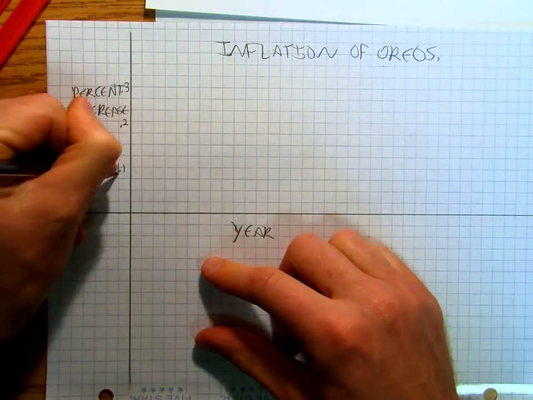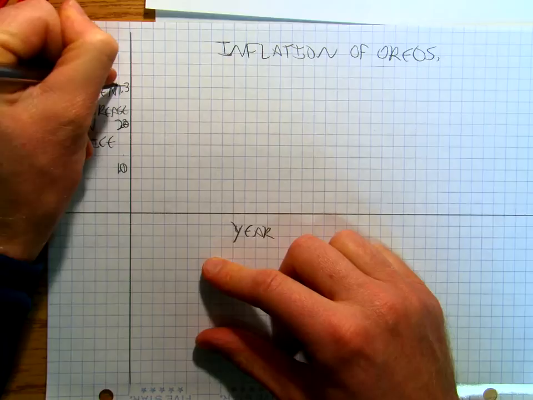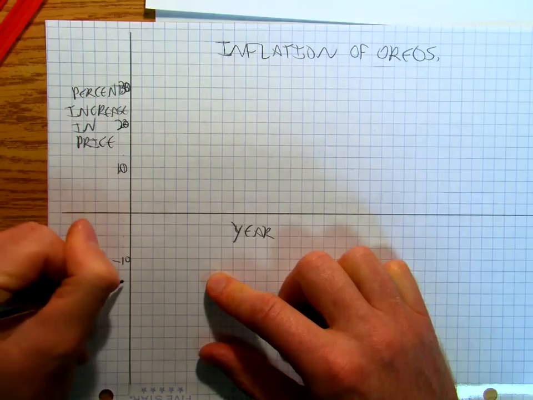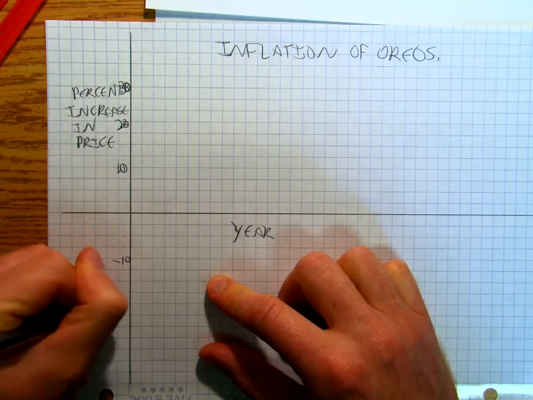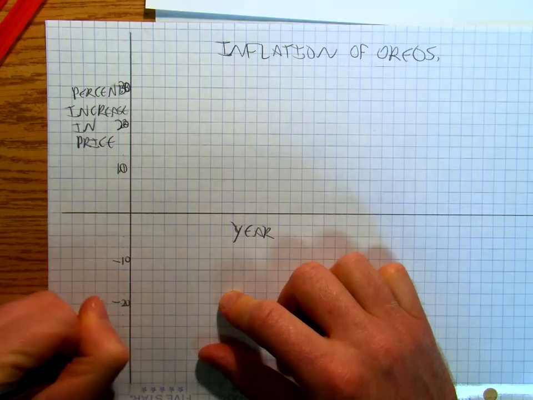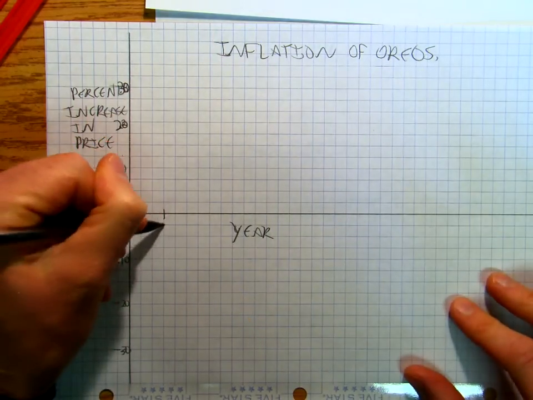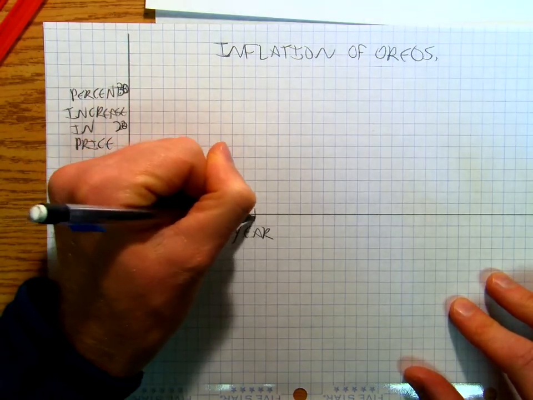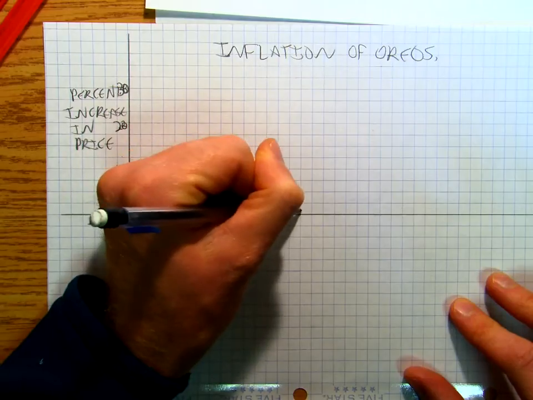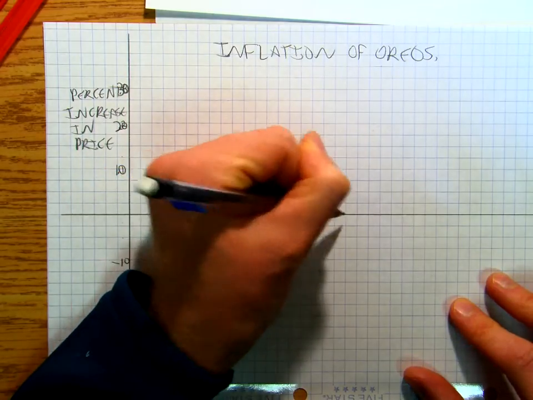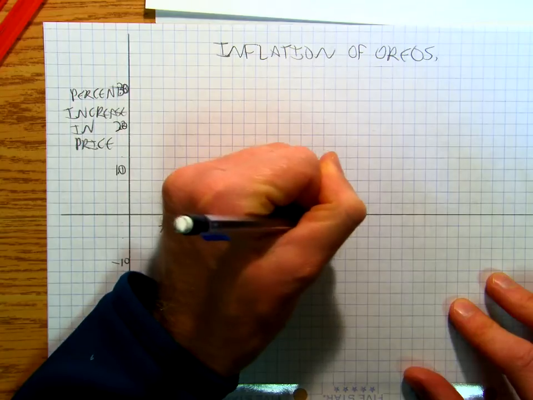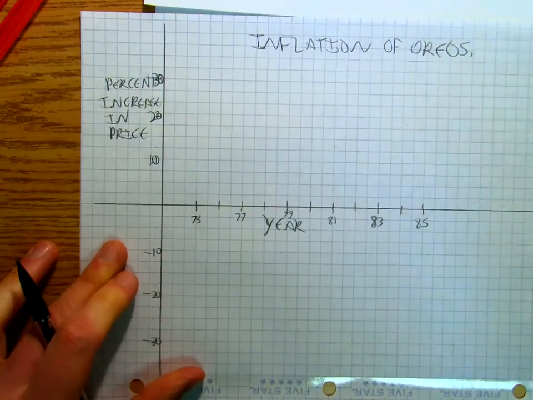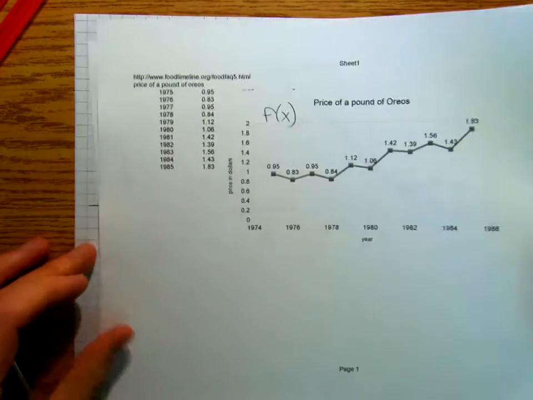Well, that should be 10%, 20%, 30%, negative 10%, negative 20%, negative 30%. And then we've got 75, 76, 77, 78, 79, 80, 81, 82, 83, 84, 85.